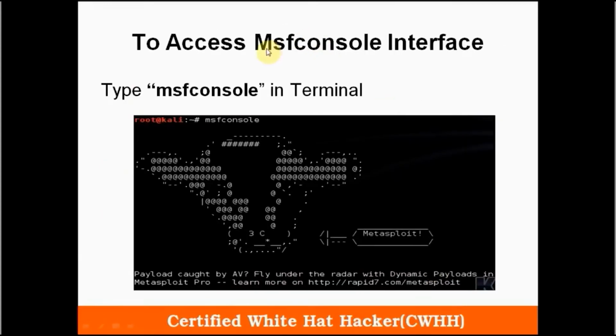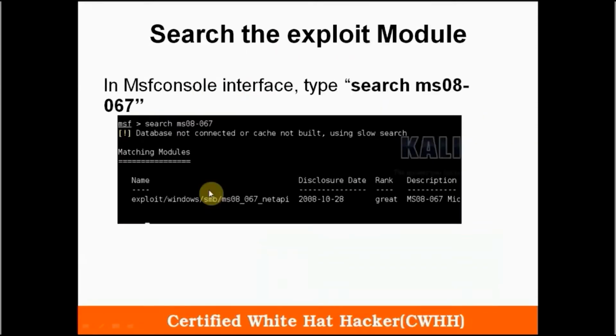So first we have to access the MSF console. So I just type msfconsole in terminal, and this is what it will look like. And you just give search MS08-067, and this gives you the exploit.